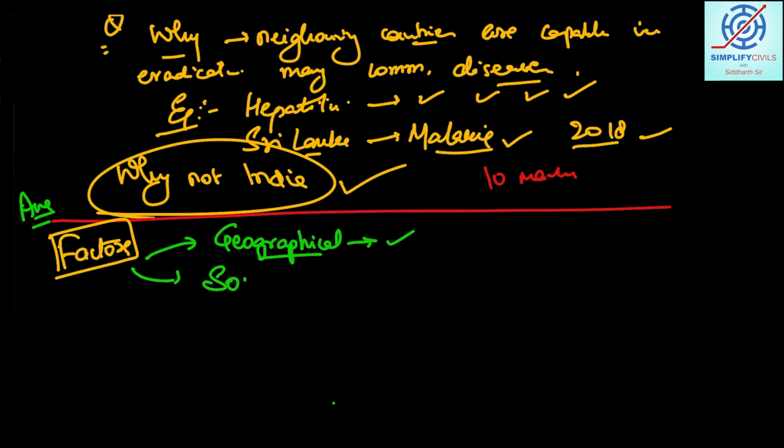Then you can give social factors, that people are already suffering from poverty and unhygienic conditions.